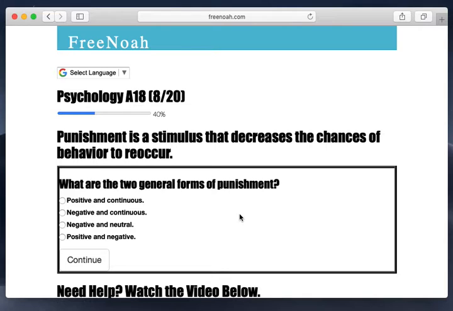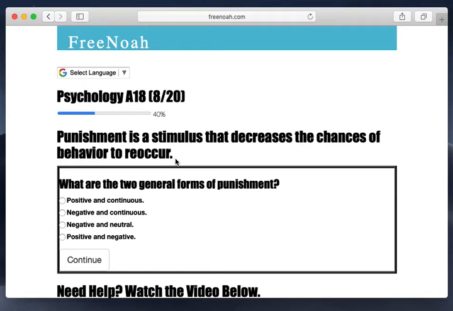Okay, now that decreases the chances of the behavior to reoccur. So us removing the sweets decreases the probability of him consuming the sweets before bed. So that's what we call a negative punishment when we remove something.